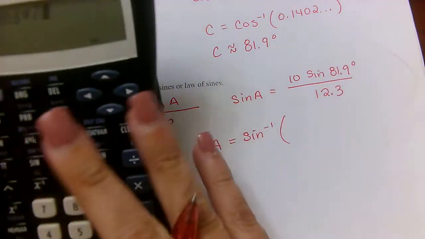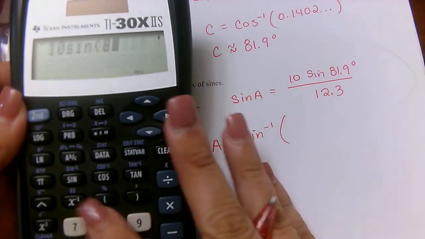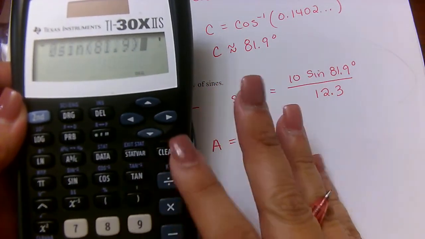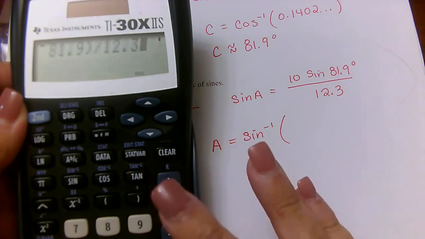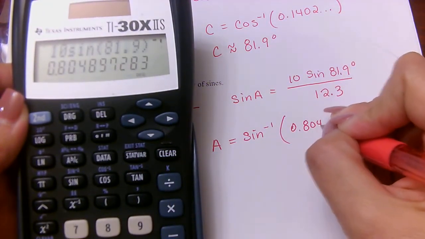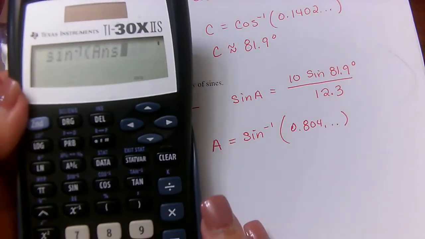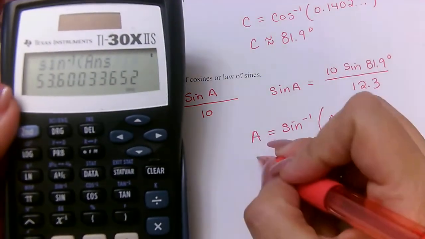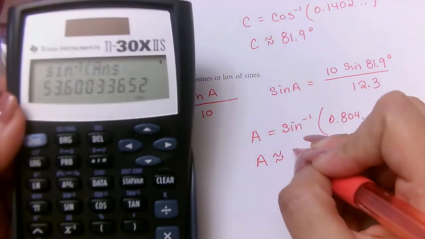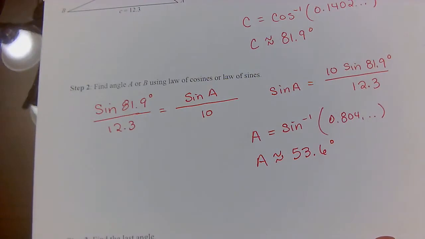Let's plug this into the calculator. 10 sine 81.9 divided by 12.3. Okay, there's my ratio. Okay, and then second sine, second answer, and I'm going to get A is approximately 53.6 degrees.